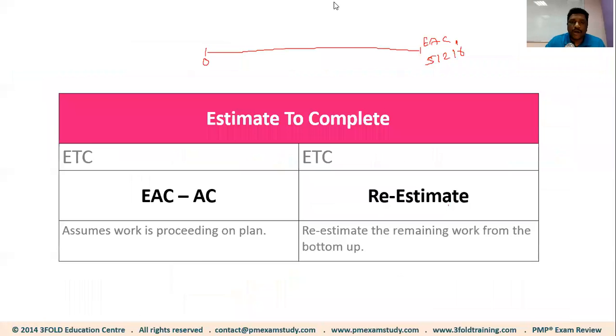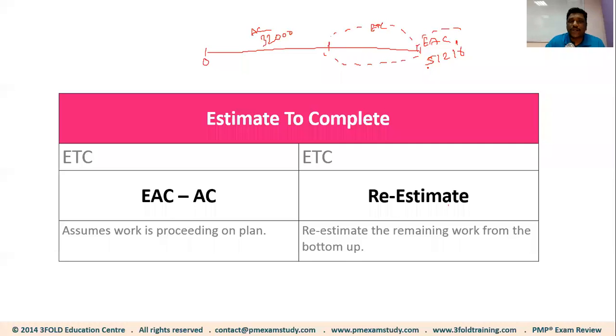Right now, ETC means how much it would cost to complete the remainder of the work, which means you had already spent 32,000. That is your actual cost. So ETC is pretty simple, right?